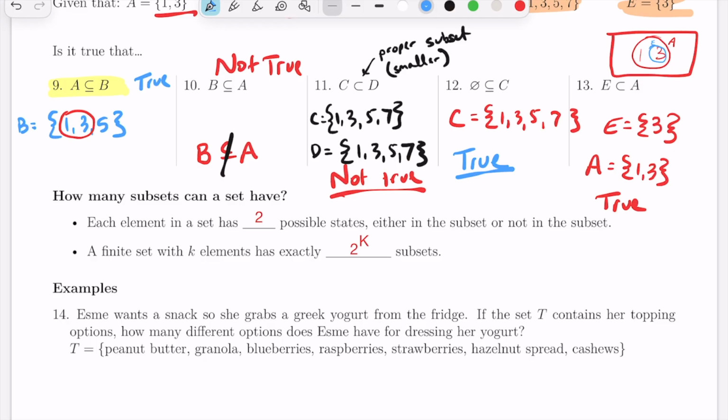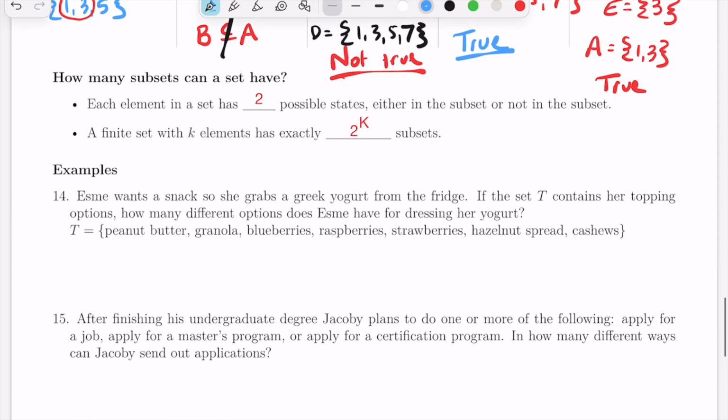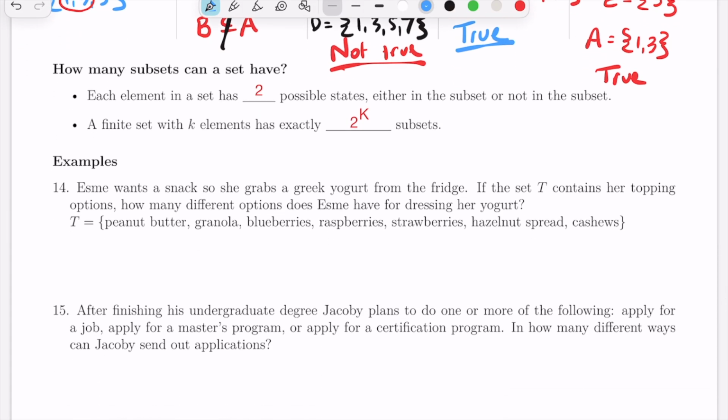Let's go ahead and look at Esme here. She wants to grab a snack of Greek yogurt from the fridge. If the set T contains her toppings, how many different options does Esme have for dressing her yogurt? She has, let's count them, peanut butter, that's 1, granola, blueberries, raspberries, strawberries, hazelnut, and cashews.